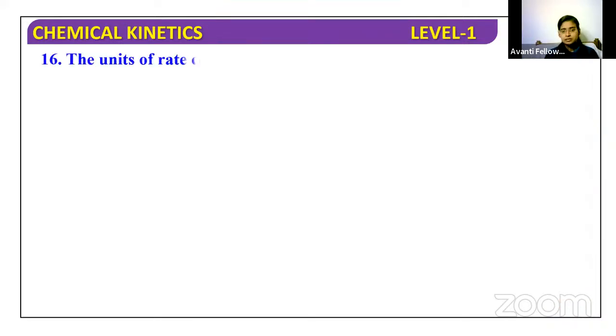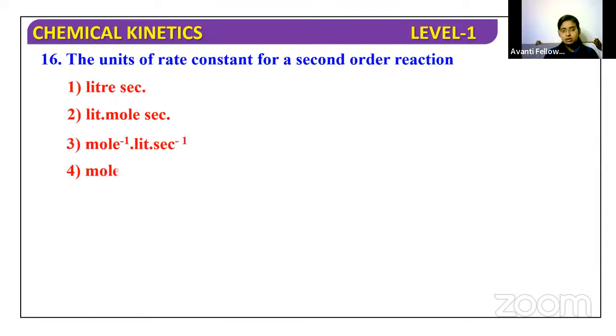Question number 16. The unit of rate constant for a second order reaction is, very easy: liter per mole second, liter mole second, mole inverse liter second inverse, mole second. What is the formula I gave you to find the unit of the rate constant?